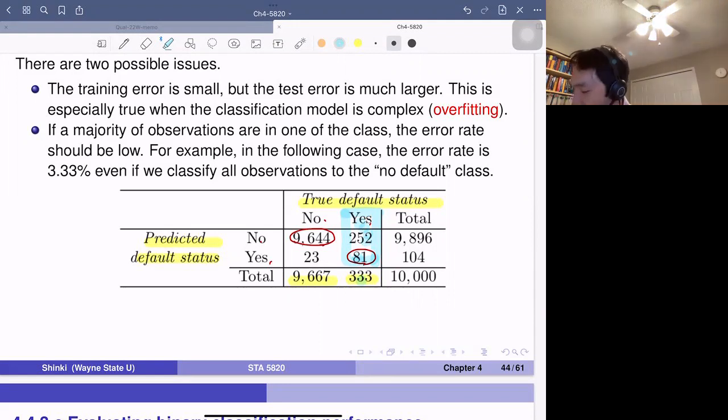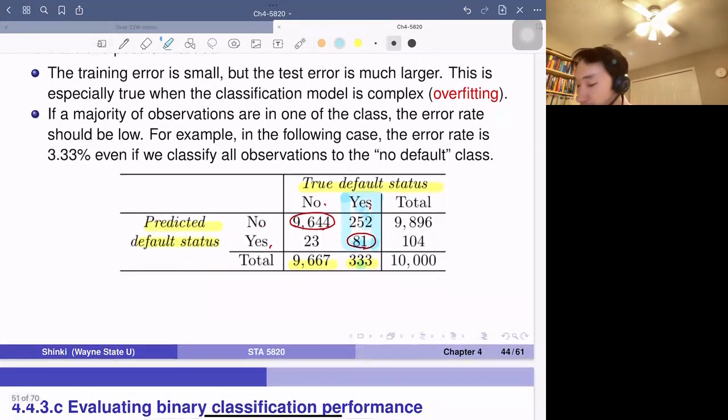So we have several measures to evaluate the classification performance, especially if these two numbers, the true default status, are not balanced, so not 50-50. Then the error rate is sometimes misleading. Think about an exam with only yes-no questions, where 97% are yes.